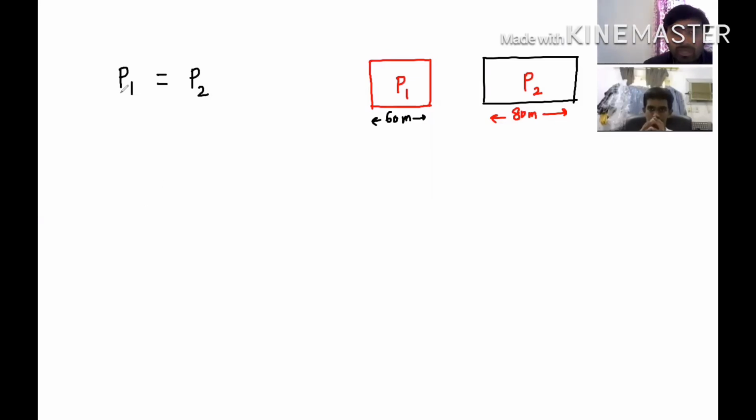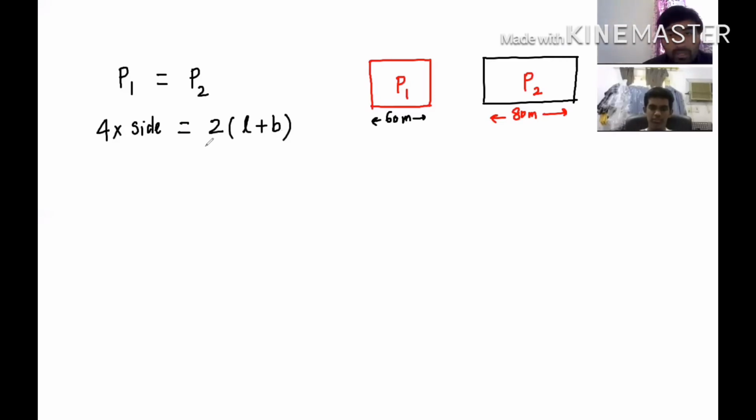And what do we know about the perimeter? The perimeter of a square is 4 times side, and the perimeter of a rectangle is 2 times length plus breadth. This is the formula we know.